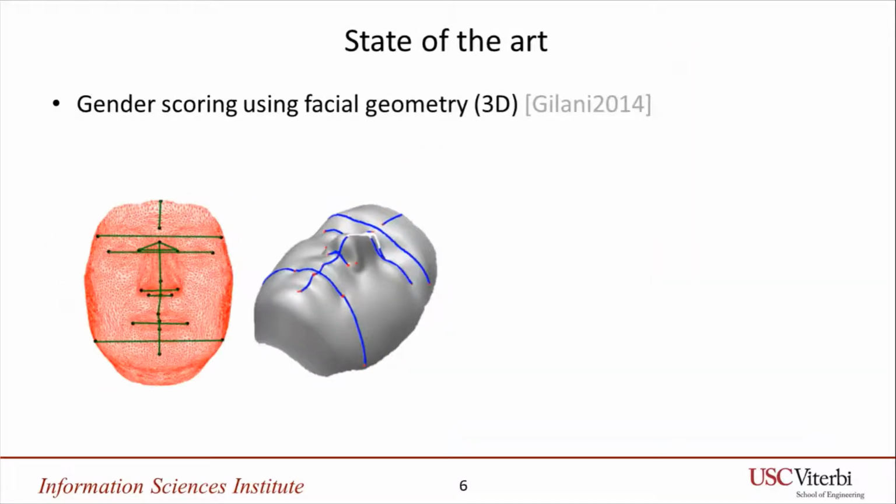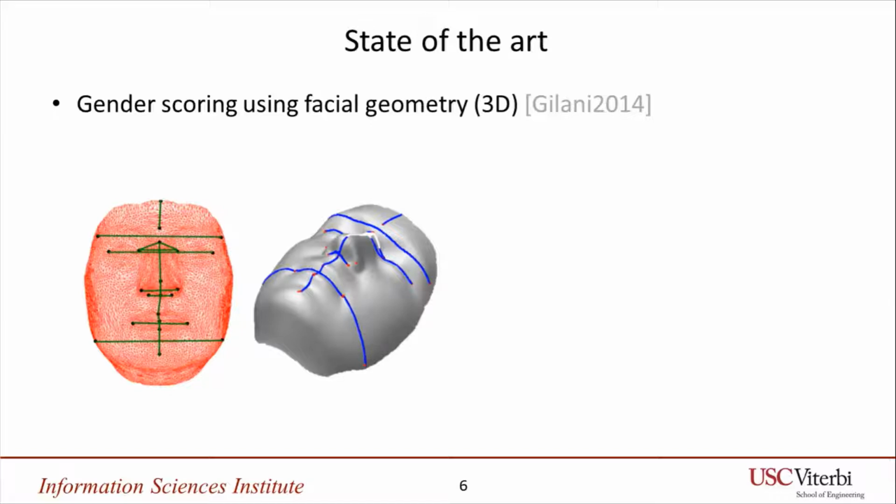Now let's check out some existing works. There are many works done on facial analysis, but they have different applications. There is no work on CAH facial analysis, and our group is the first one who is studying this issue. For example, there are works on gender analysis using face images. What they do is that they start by detecting some anatomical landmarks on the faces, and by anatomical landmarks, we mean, for example, corner of the eyes, corner of the lips.